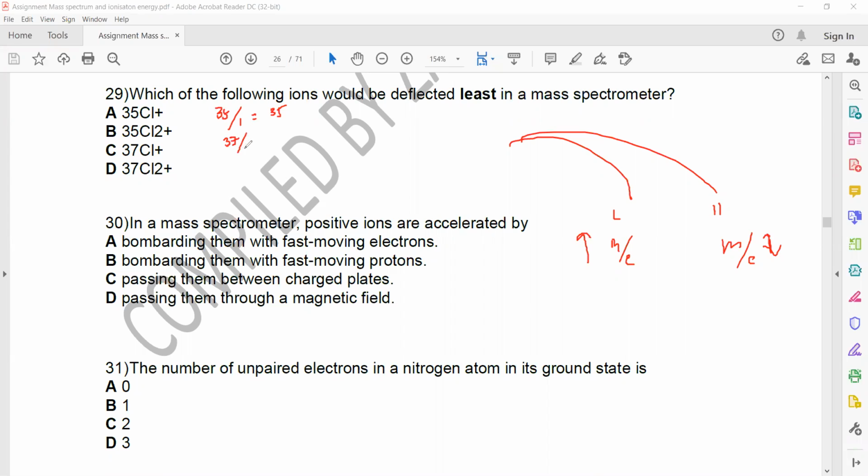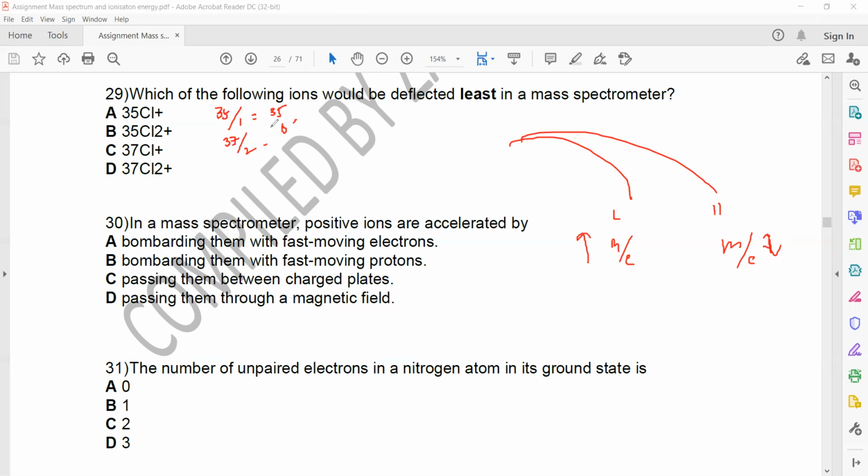This will be 37 divided by 2, so that's equal to 18.5.